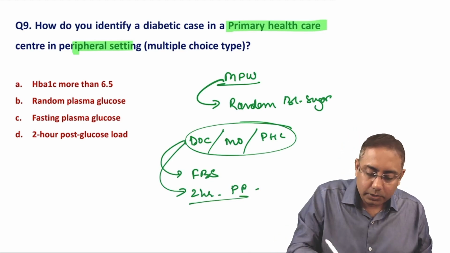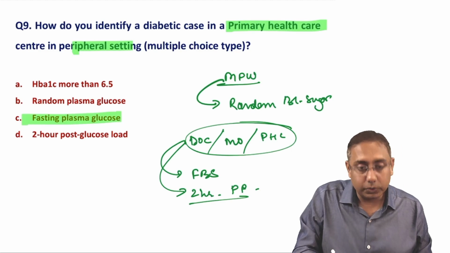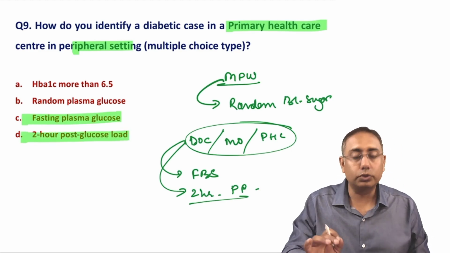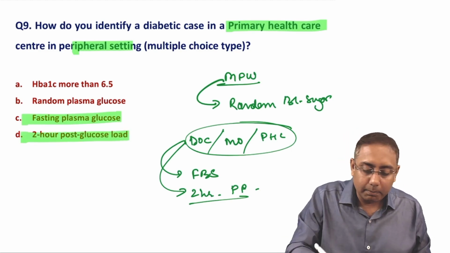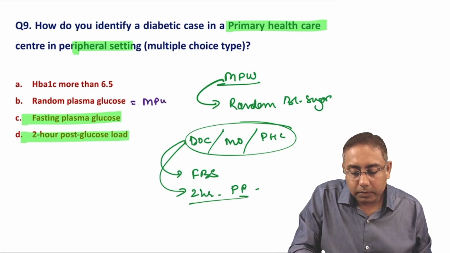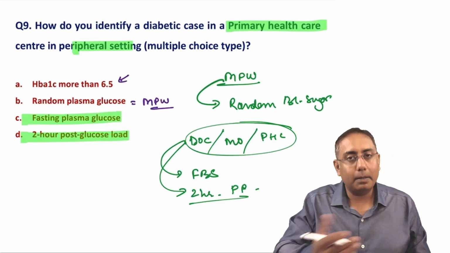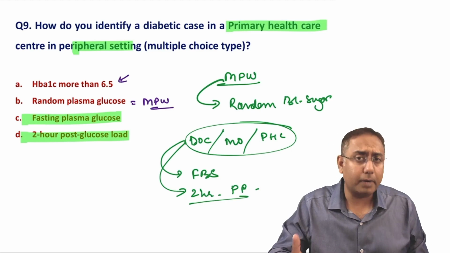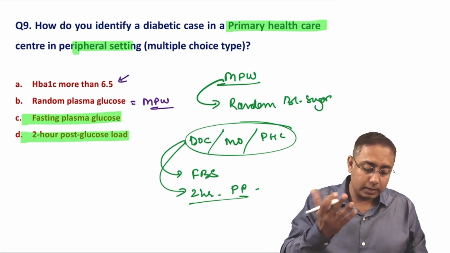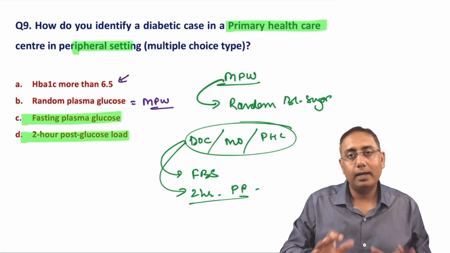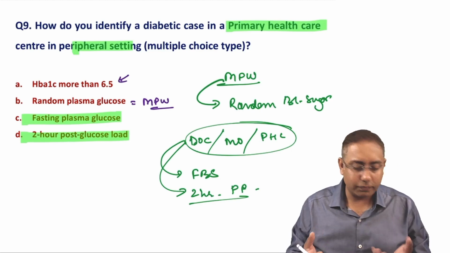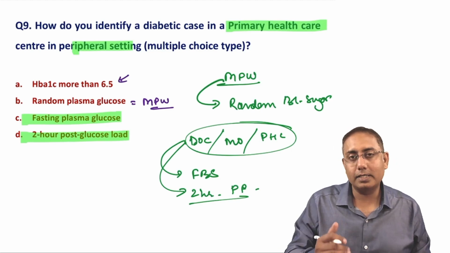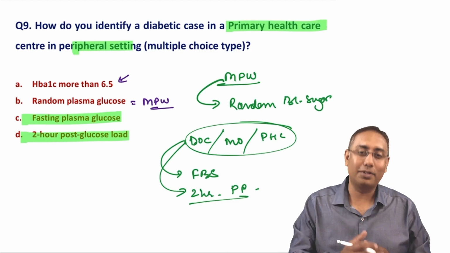So the best answer over here would be a fasting blood sugar and a 2-hour post-glucose load. Please note that random blood sugars are for MPWs. HbA1c can be taken, but in a peripheral center, in a primary healthcare center, HbA1c does not prove any grounds, and it is expensive. It is not cost effective to be taken as a screening modality for the whole country.